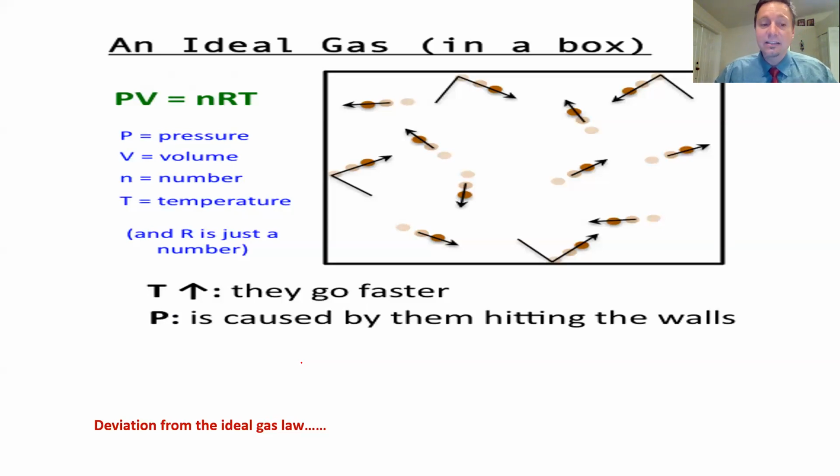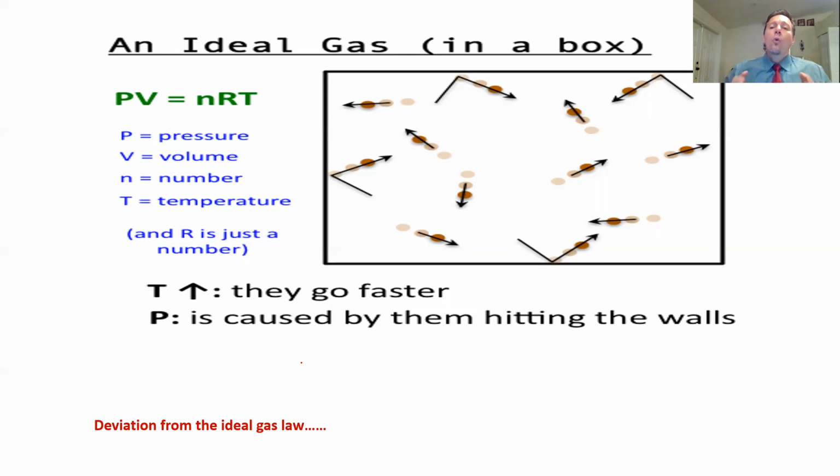That is a deviation from the ideal gas law. It's not supposed to have any attraction. So those are deviations from ideal gas, and that's a key concept there. You may have to pick or write why that's happening. It's the London dispersion forces that are working on a larger molecule under low temperature and high pressure.